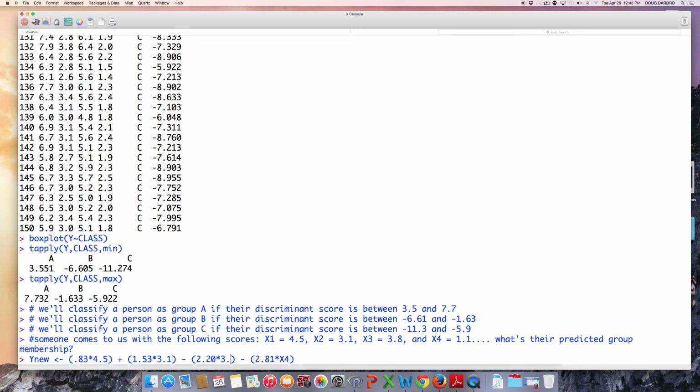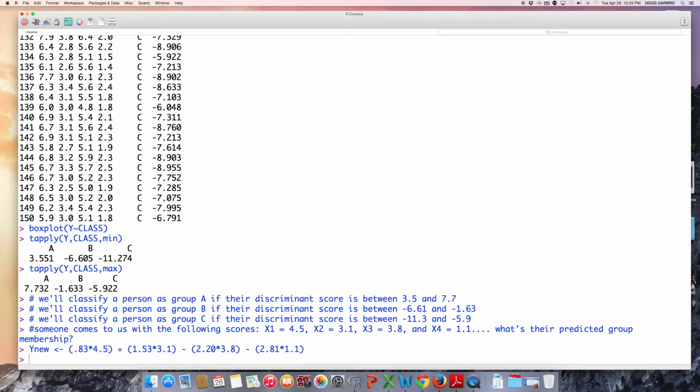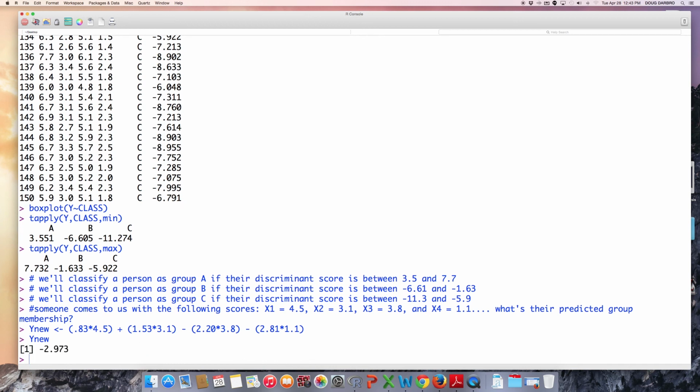Their X3 is 3.8. And X4 is 1.1. So Y new, this person has a negative 2.97. So negative 2.97 falls in this range. So I would classify this person as group B.